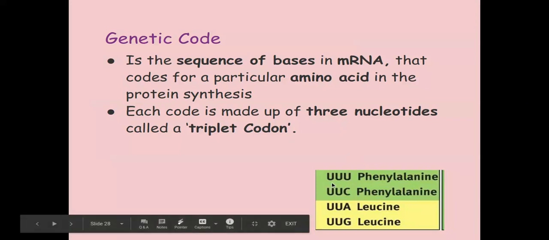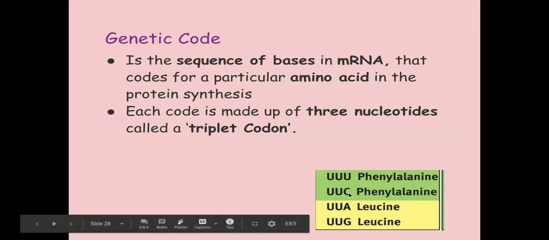So you can see an example here. You can see a sequence of three nitrogen bases, and this is the codon for the amino acid phenylalanine. Similarly, you can see this codon UUA, it is coding for leucine. Now take a look, this is very interesting. You have UUA coding for leucine, and you have another codon for leucine, which is UUG.